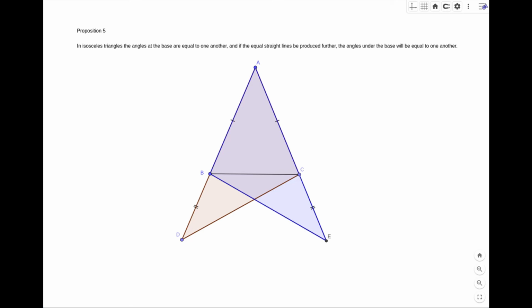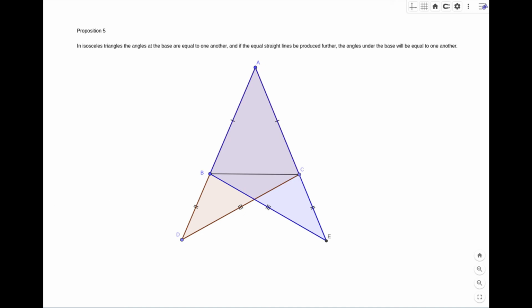Now in particular what that means is that our third sides here, DC, is going to be congruent to our third side in the blue triangle, BE. And so also our corresponding angles, angle CDA, is going to be congruent to angle AEB.